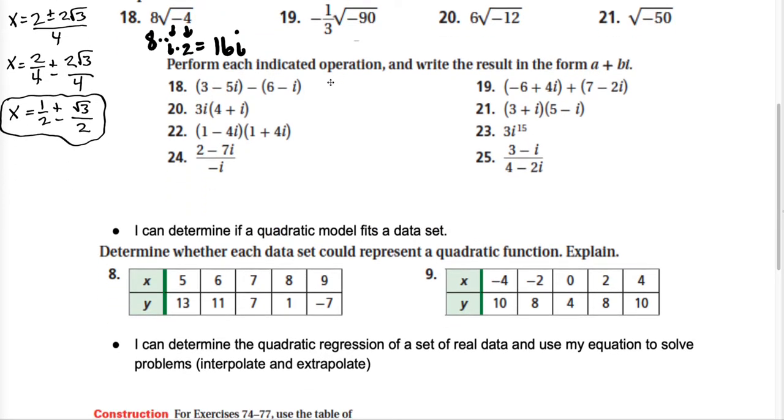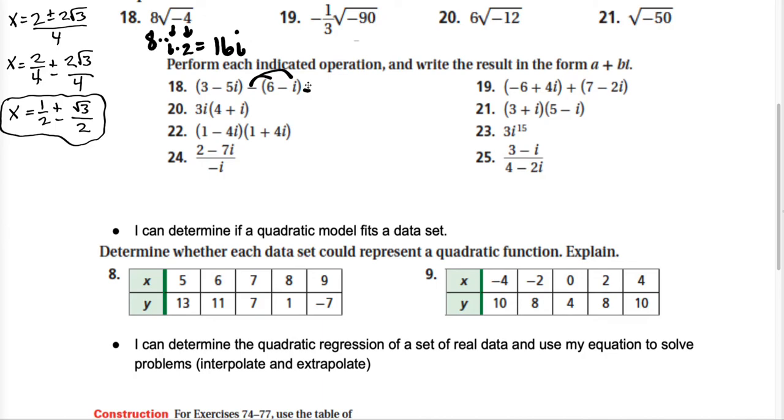Should we do the subtraction one really fast? Do you guys need to see that? So on the addition and subtraction problems, the only thing you ever have to do first is distribute this out to the second parentheses. On the plus ones, there's nothing to distribute.